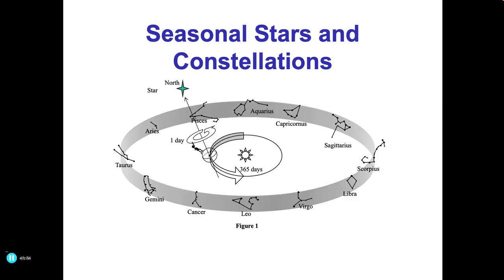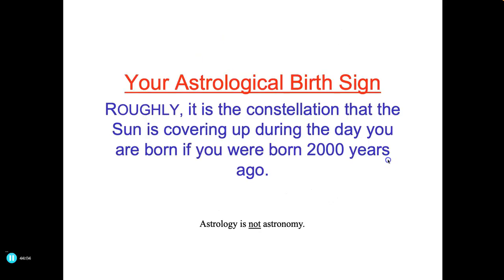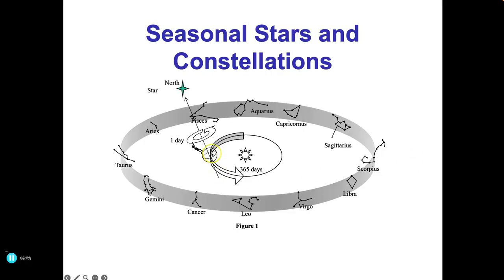Right? And that observation, the observation that the sun is always in the same constellation on the same day of the year, that's actually the basis for Western astrology. The astrological system that you're probably familiar with, the Western system of astrology, was created 2,000 years ago when astronomers realized, what a weird coincidence.